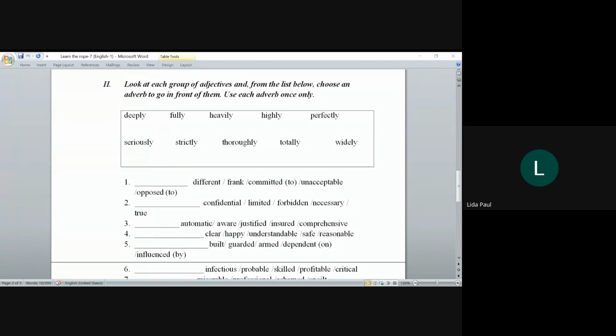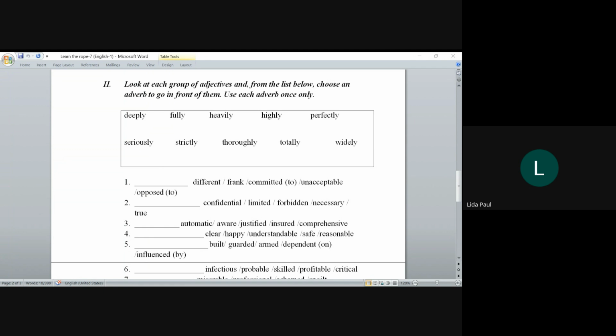Fifth one: built, guarded, armed, dependent on, influenced by. Not thoroughly, not deeply. Correct. So people who are saying "heavily", that's the right answer. Heavily built is a very commonly used expression. Even heavily armed, heavily guarded, heavily dependent on.